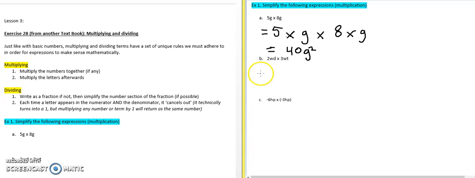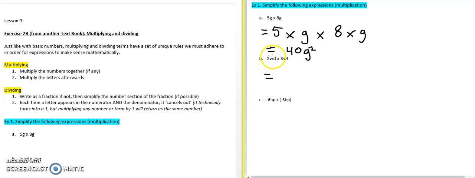And that's all there is to it. Okay. Second one. Again, with the second one, 2WD times 3WT. I can write the expanded version out, 2 times W times D times 3, etc., but I'm just going to apply these steps straight away to see what answer I get.